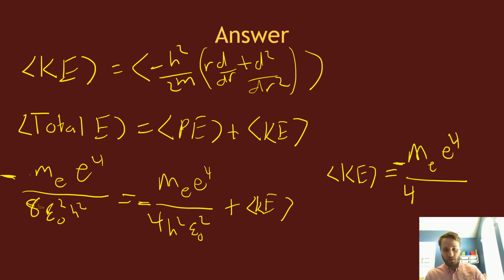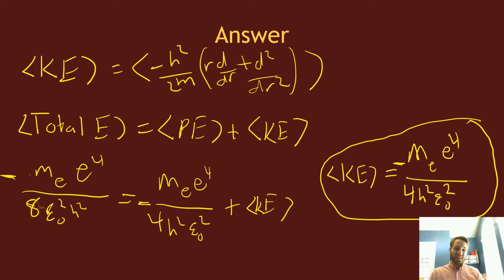So the average kinetic energy in the ground state for the hydrogen atom is the same as the average potential energy, which is just 1/2 the total energy. Now this isn't necessarily true for all states or orbitals for the hydrogen atom, but it is true at least for the ground state.